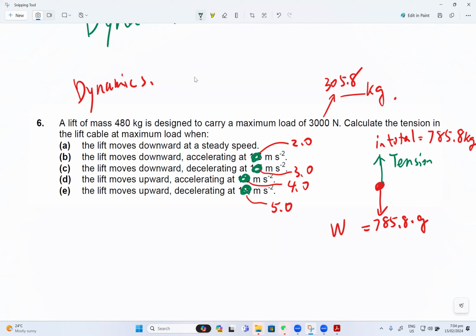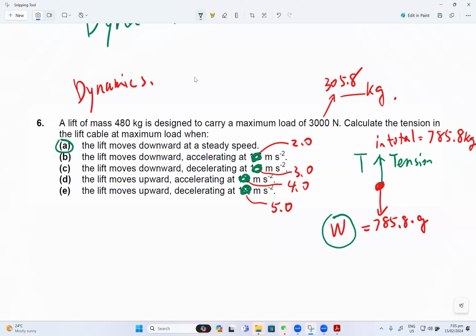Now for question A, what happened for weight and tension? What's the relation between T and W? This is almost just year 11.